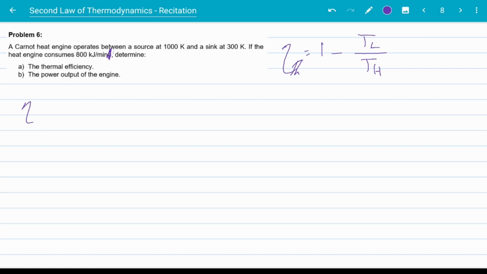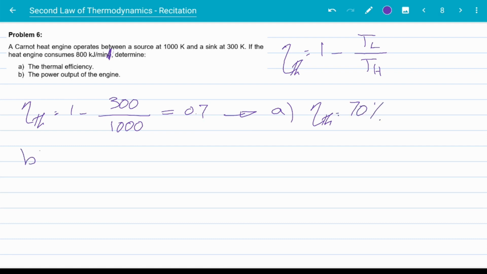With that in mind, thermal efficiency is 1 minus, keep in mind that the temperatures in this equation need to be in Kelvin, so that would be 300 over 1000, which is 0.7. Now, in order to answer part A, our thermal efficiency is 70%.